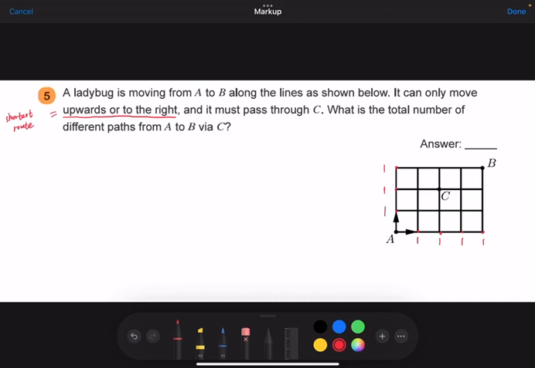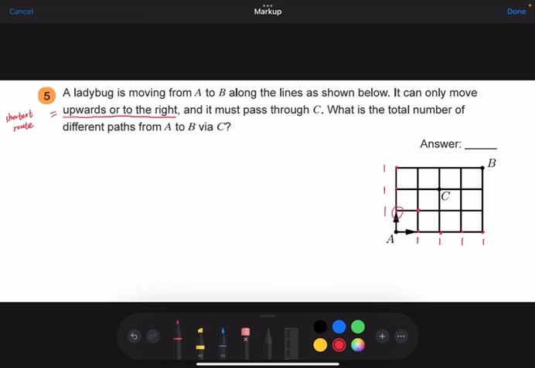And the rest is simple. The rest is just doing simple addition. So to get to this red point, we can get here either from this point or this point. So we add the two numbers up, and that will give us 1 plus 1. If you rotate your head 45 degrees, you will see what I mean.